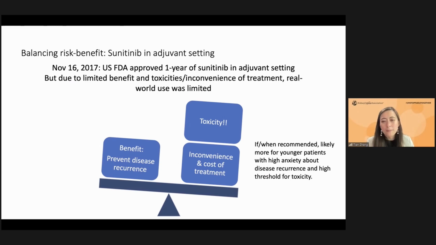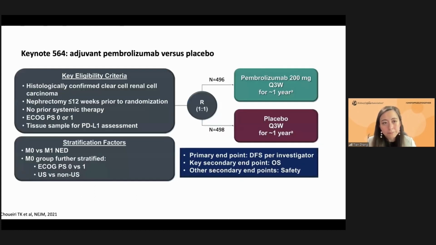Not worth it for a year of treatment. It was inconvenient and it was costly. But when we recommended it, it was likely more given for younger patients who had a lot of anxiety about disease recurrence and who had a very high threshold for tolerating these toxicities.